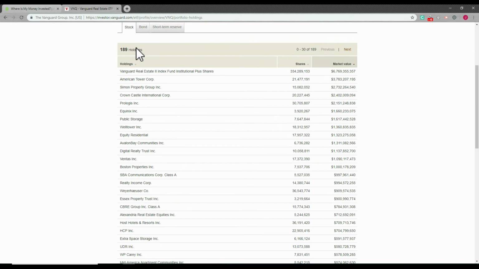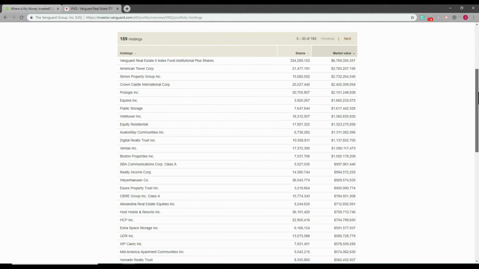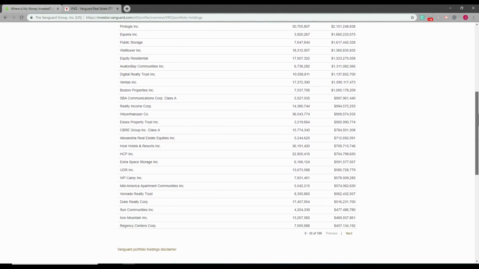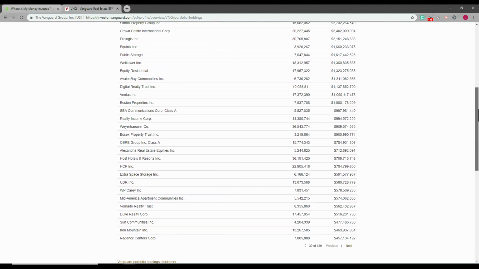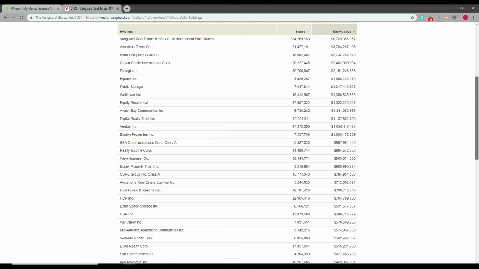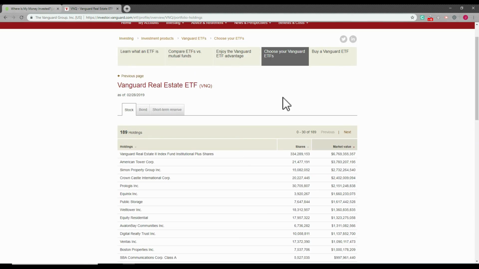There are 189 holdings, a more specific fund. Like I said before, you can always go check out what they're holding. They're probably holding not just construction companies, but anything that has to do with real estate, construction, residential, commercial. It's more than likely within this particular ETF.